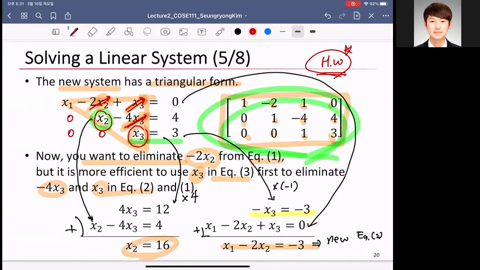You must submit this homework. It's going to be your own homework. So please try to solve it yourself. Okay.